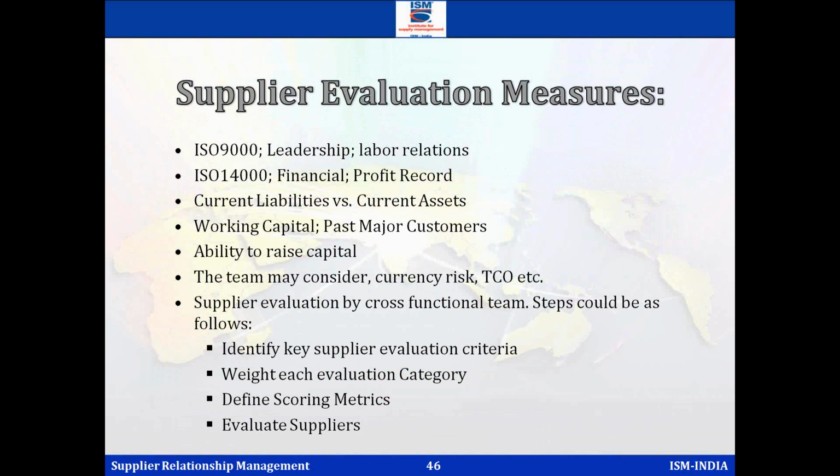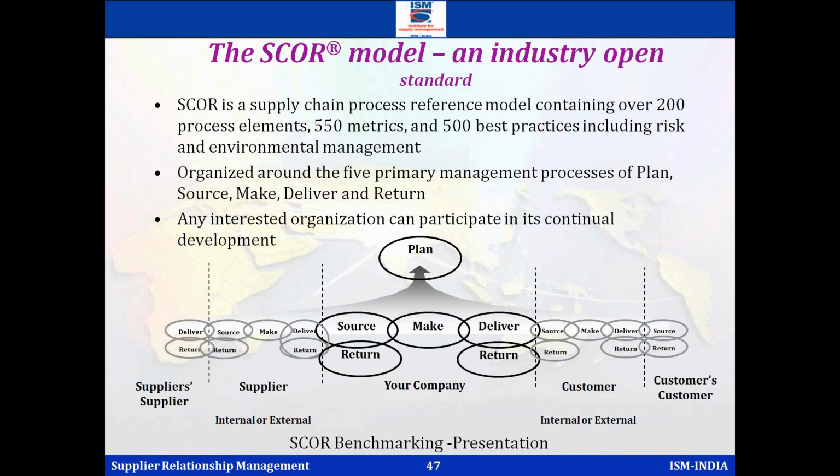So if you're looking at evaluation, if I'm a procurement person only doing the evaluation, I look from my perspective. My perspective will be, oh, they delivered in time. The price was low. But my other team members who could be from design, who could be from manufacturing, they come with different skill sets. They look at much more than that. So I think this evaluation should be done by cross-functional team.